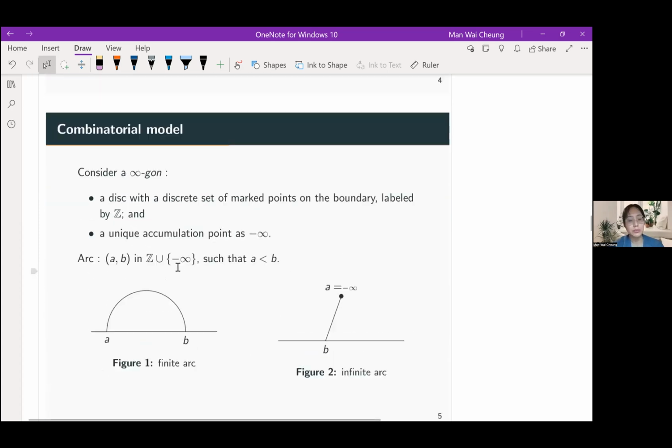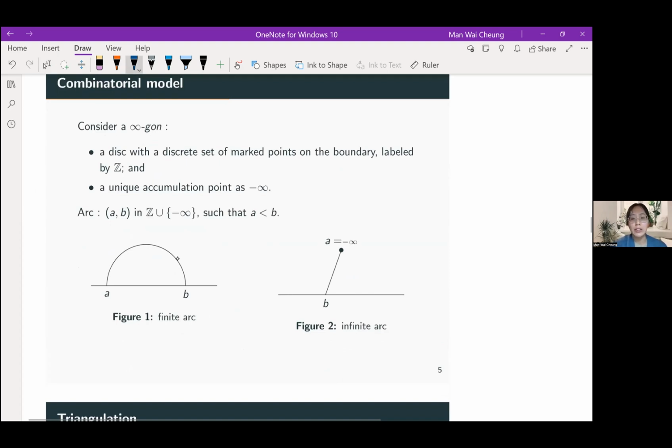Again we have the n+3-gon; think about all the edges going to infinity. We should have this with discrete marked points labeled by Z, compared with the point infinity.